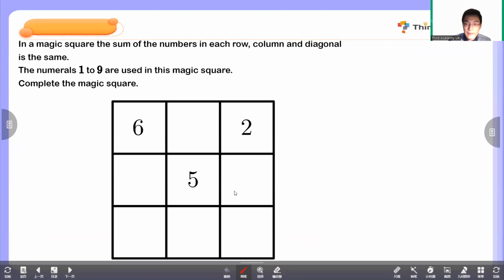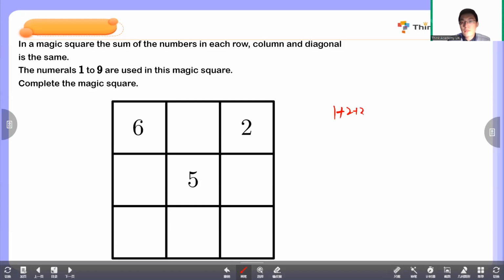And we can find the sum of all 9 numbers, which is 1 plus 2 plus 3 all the way to 9. I know you have learned about arithmetic progression and how we find the sum of an AP in the previous lesson. So I will just give you the sum directly. If you are interested, you can calculate this on your own.